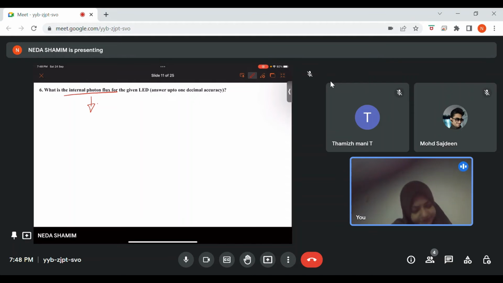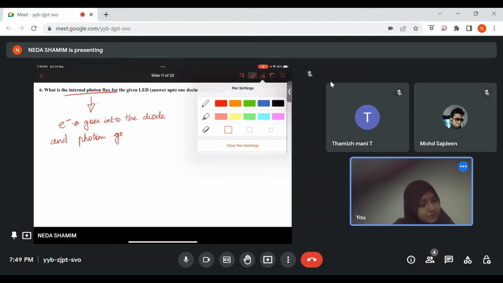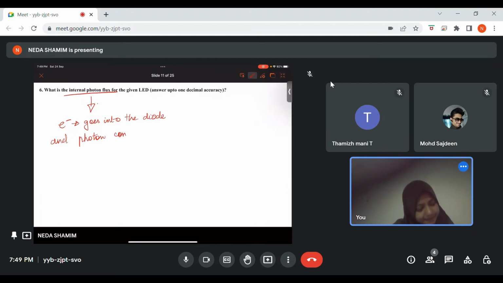So basically we are giving electrical energy, that is, electron goes into the diode and photon comes out, right? So suppose this is my black box, here I am giving some electrical energy, that is I am giving electron, and here there is a photon emission.